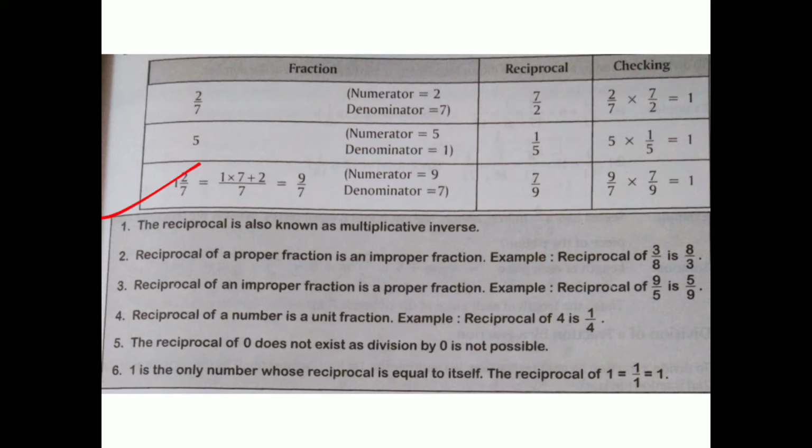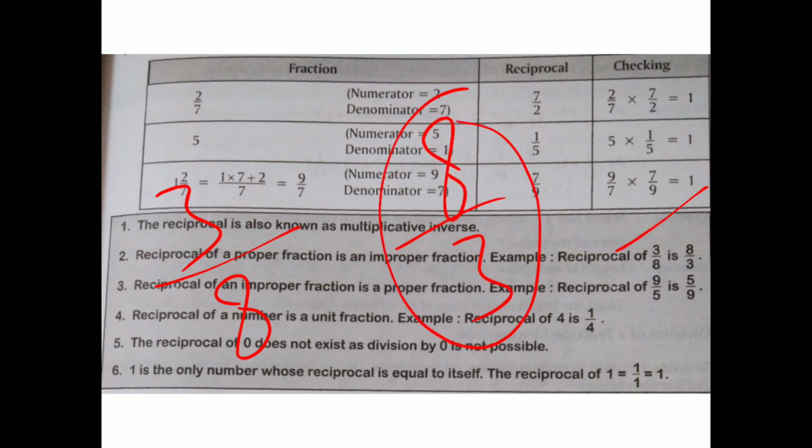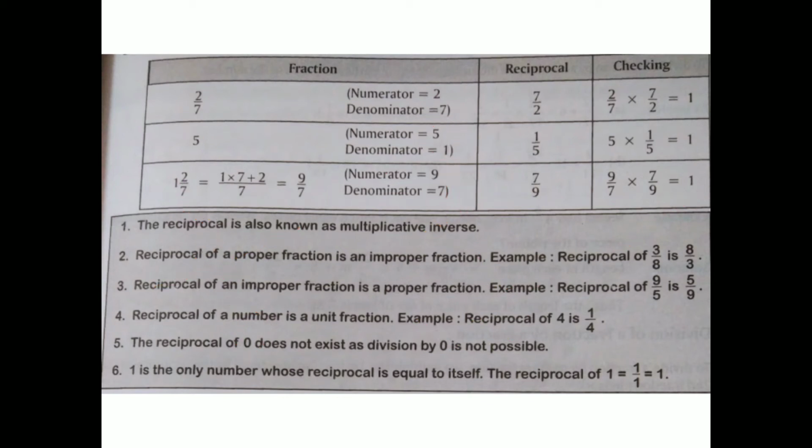Next, the reciprocal of a proper fraction is an improper fraction. Example: suppose we take 3 upon 8. This is a proper fraction and its reciprocal 8 upon 3 is an improper fraction.